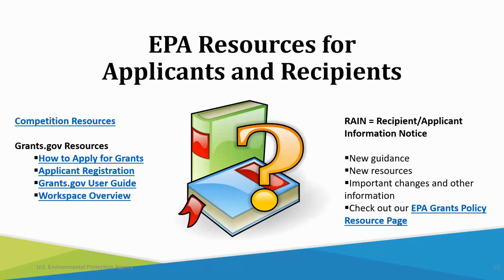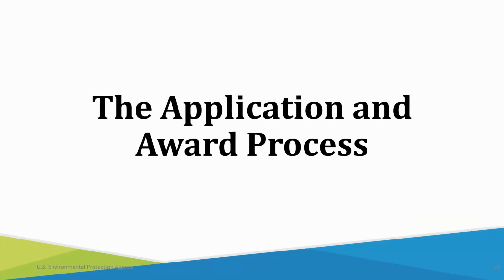And you have some additional resources here on competition, on grants.gov, and on RAINs. RAINs are the recipient applicant information notice. This is how new guidance, new resources, and other information are communicated. There's a link on this slide to a website that will list all of the RAINs.